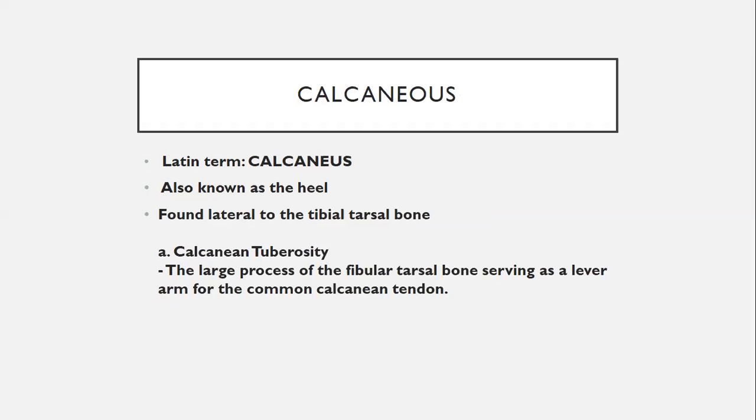Then we have the calcaneus, or the fibular tarsal bone. The calcaneus is also known as the heel bone, found lateral to the tibial tarsal bone, and it has a very prominent feature called the calcanean tuberosity, which is the large process of the fibular tarsal bone, which serves as a lever arm for the common calcanean tendon.